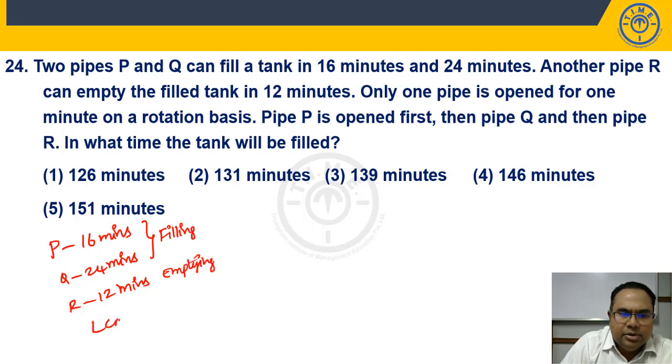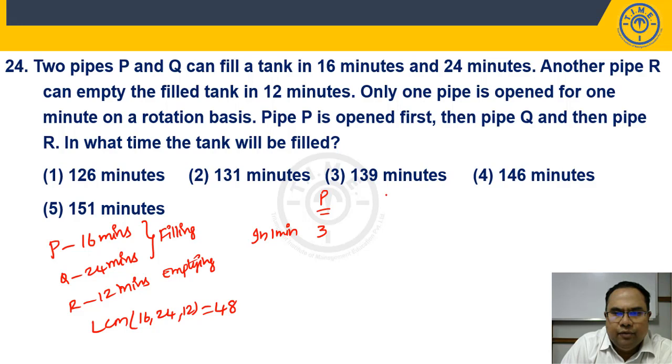LCM of 16, 24, 12 is 48. So in 1 minute, P can fill 3 units, Q can fill 2 units, R can empty 4 units. These two are filling, R is emptying.